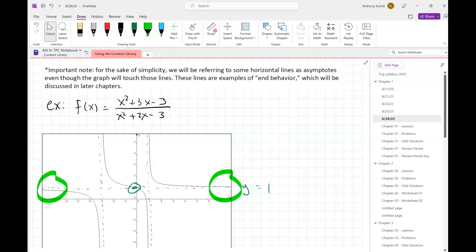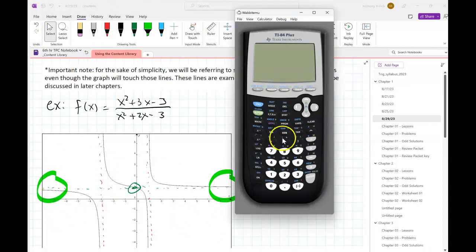Wouldn't it be nice if I could just tell the calculator the x value and just have it plug it in automatically for me? Guess what? The calculator can do that. You just have to know how to ask it. Let's show you, because it'll make these type of problems a whole lot simpler, right?